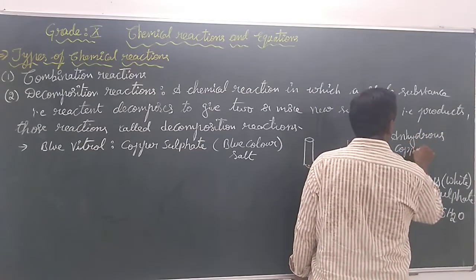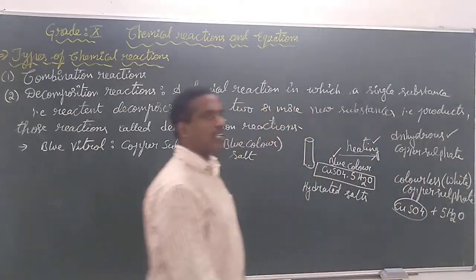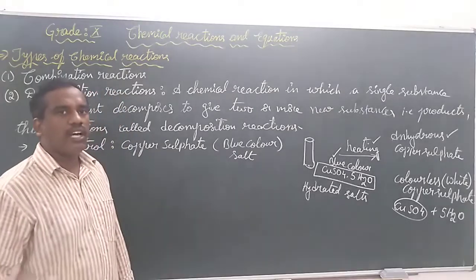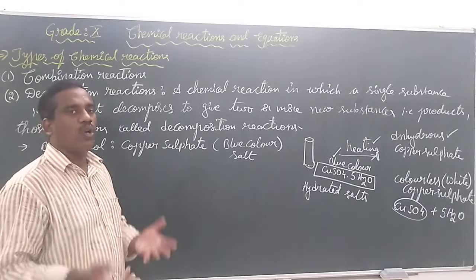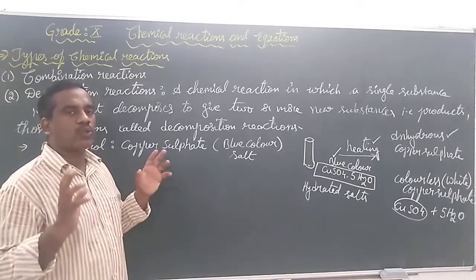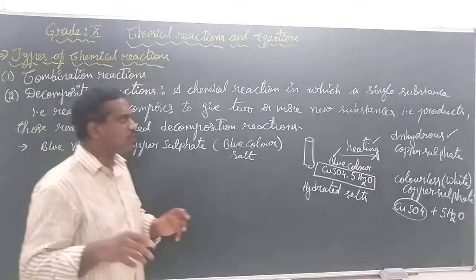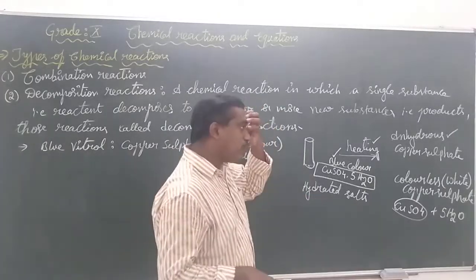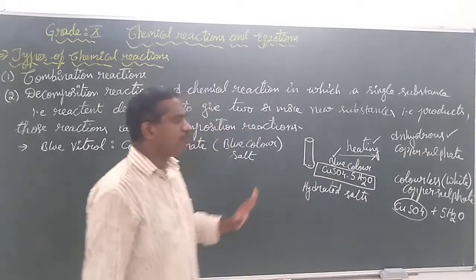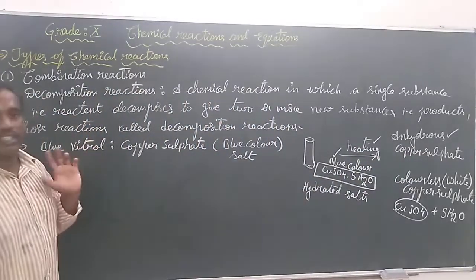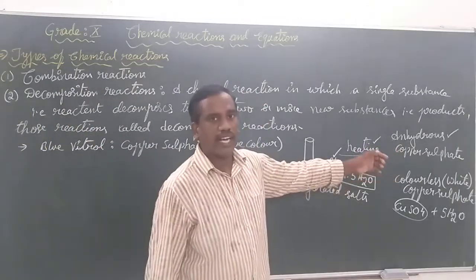Anhydrous means it is free from water molecules. And now there is a change in its color also. So we can conclude the salts that show some color do so due to some fixed number of water molecules. Those salts we call hydrated salts. But when the water molecules are removed, we call them anhydrous salts. This is not my example for decomposition reactions, but the words we need to know are hydrated and anhydrous salt.